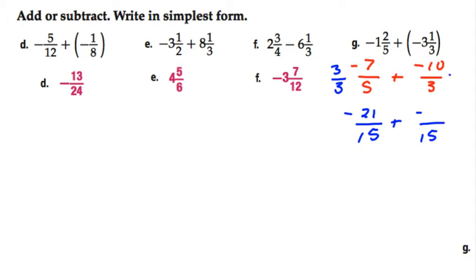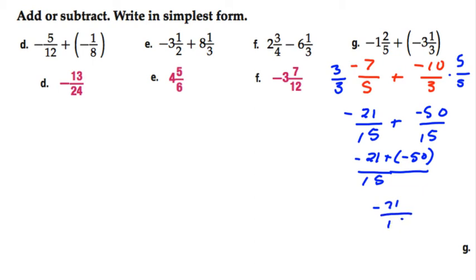On the right-hand side, I need to multiply both top and bottom by 5, and so that gives me negative 50. And now the signs are the same, so we are going to add the numerators, negative 21 plus a negative 50. So what does that give us? Negative 21 and negative 50 is negative 71 over 15.